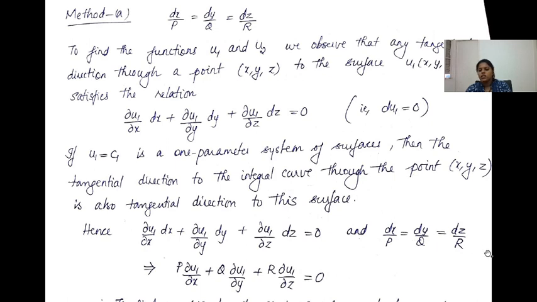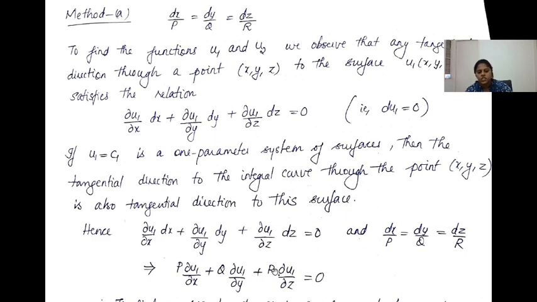Now let me say again, by the property of ratios, all the three are equal, and let me take it equal to some k. So you get dx equal to k times p, dy equal to k times q, and dz equal to k times r. You can replace dx, dy and dz by k times p, k times q and k times r, so k just vanishes.